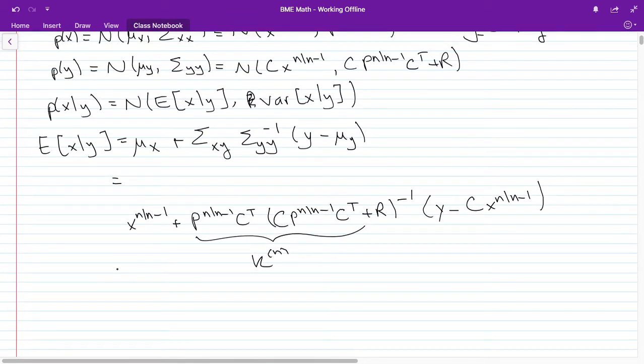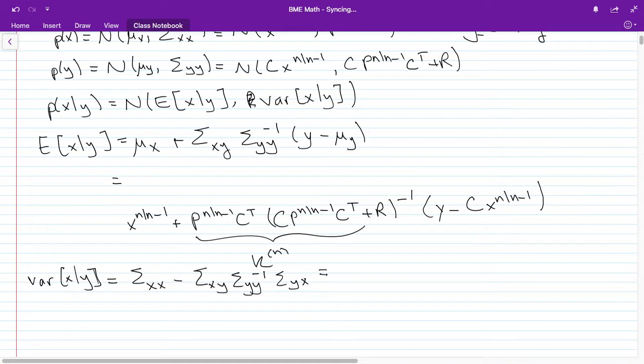And we have the variance of x given y, which is sigma xx minus sigma xy, sigma yy inverse sigma yx. The variance sigma xx is just the prior.